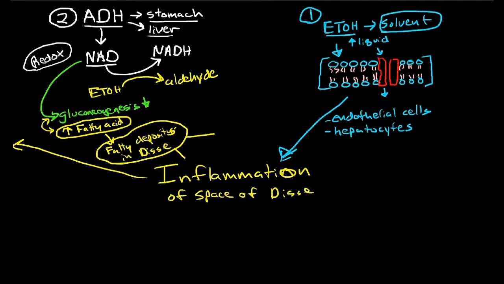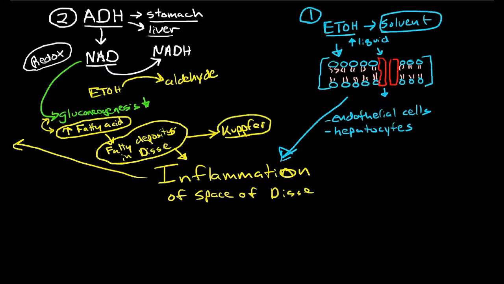depositions actually cause inflammation by, number one, activating Kupffer cells, and that's only one pathway. It has a number of other pathways in that it initiates the production of cytokines in the space of DC.